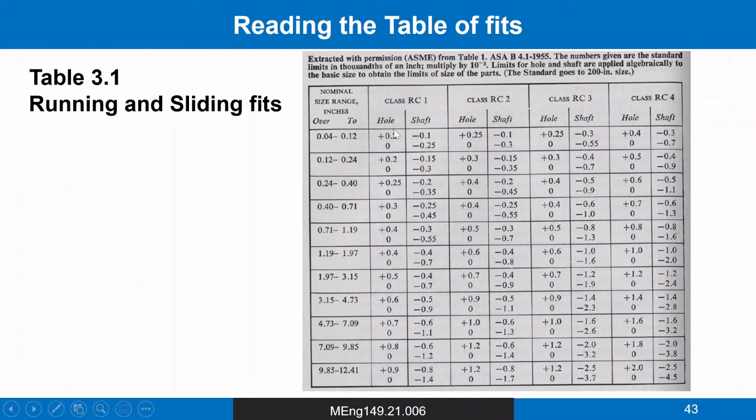So for example diri sa RC1 sa range of 0.04 to 0.12 inches of diameter, allowed lang ka nga mag-minus og 0.0001 to 0.0025 nga iban sa iyang dimension. So the same goes with the other categories of fits, RC2, RC3 and so on, depende sa application.